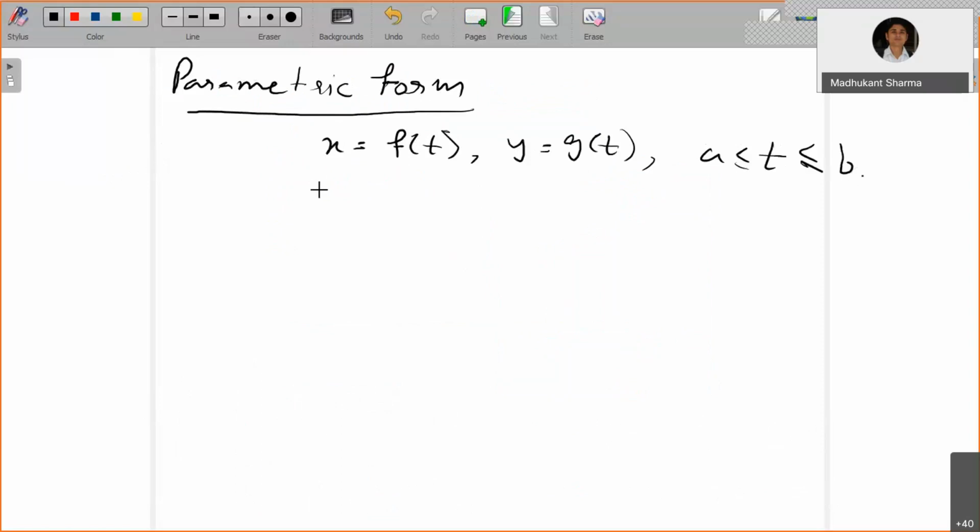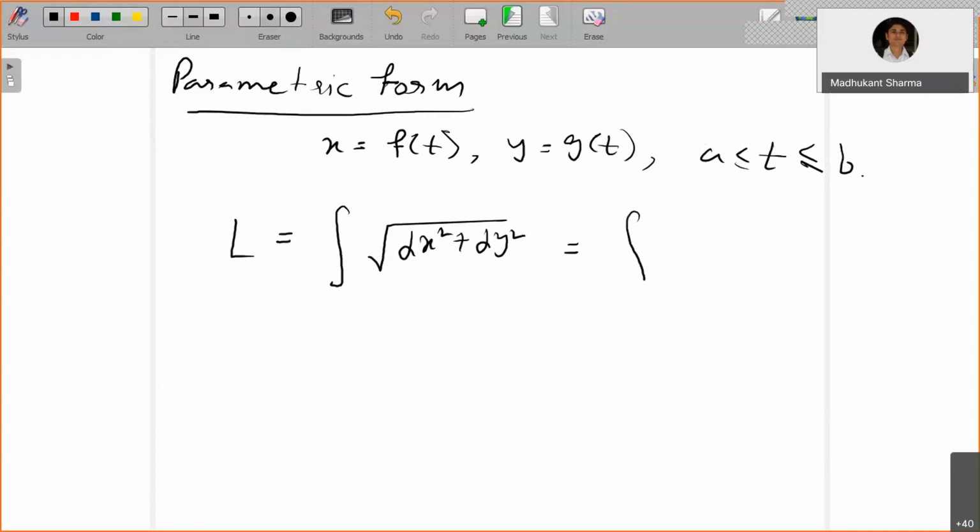So one way, if you want to use the previous result, is to find y as a function of x or x as a function of y, and then fix the limits accordingly in the formula. Or on the other hand, if you denote the length by L and work with the same dx square plus dy square, from here I can easily obtain dx by dt and dy by dt.